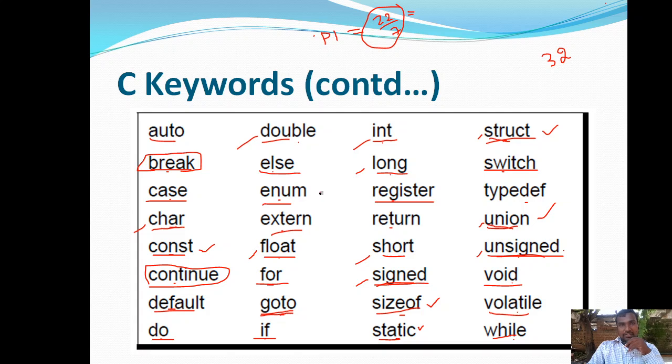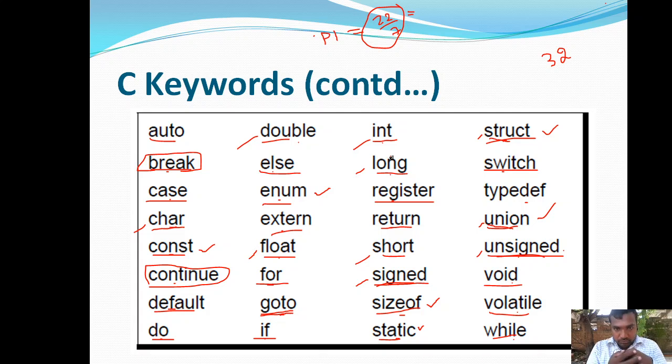If you want to handle your own kind of data, then you can use enum to create your own data. Return is the keyword generally used to switch between the modules or functions in the program execution process. Okay, so this is a little bit of introduction about the keywords available in C programming.